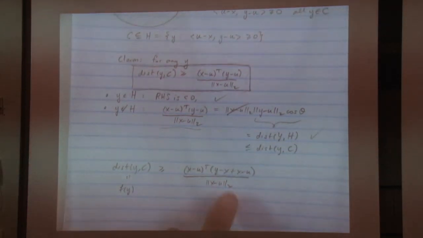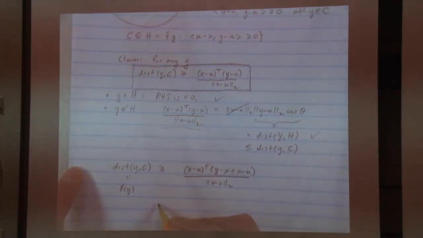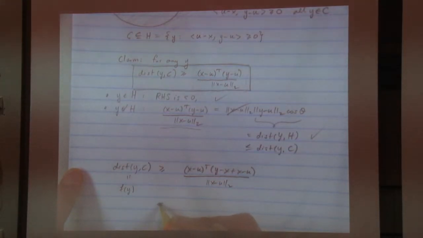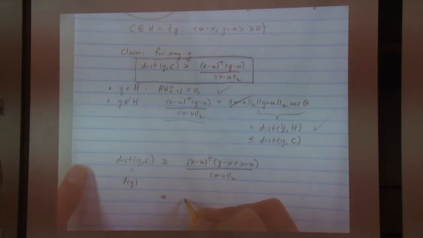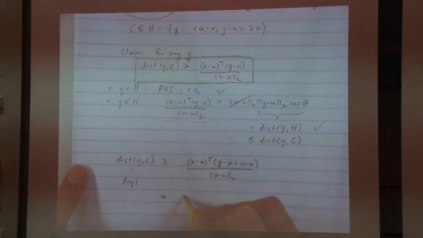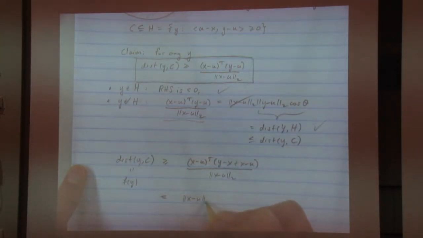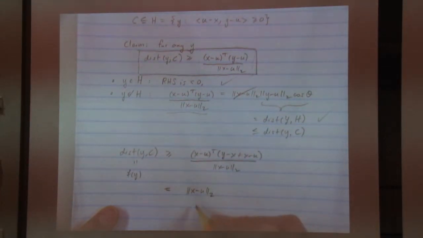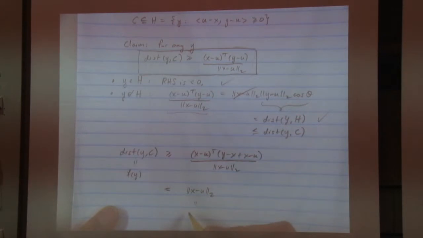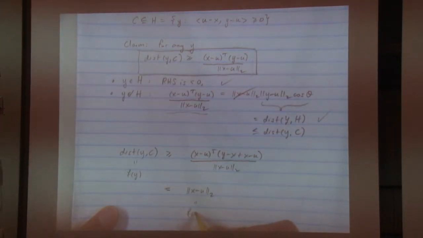All I've done is add and subtract x in here. Let's expand that out. The leading term is just going to be equal to the 2-norm of x minus u. Remember, that's the distance between x and C, so we can call that f of x.